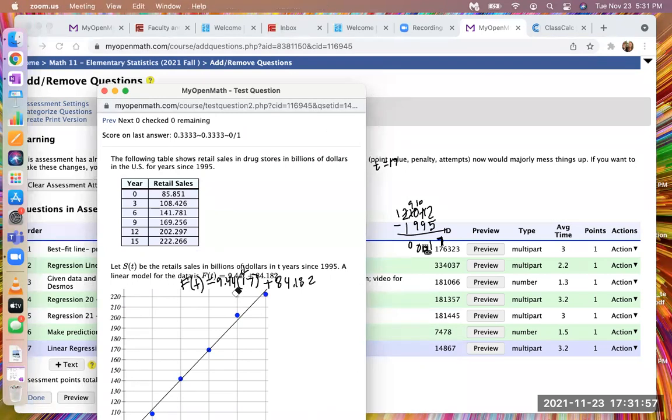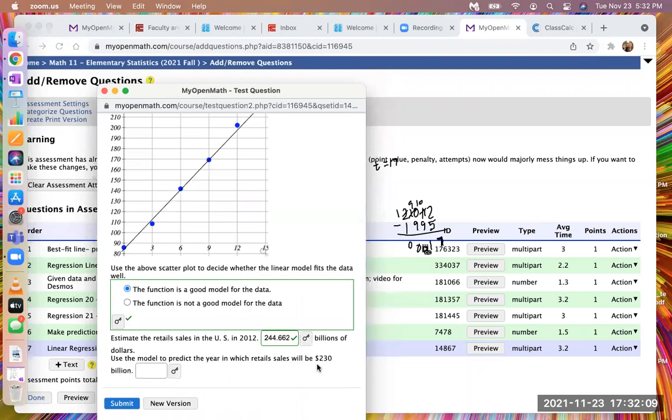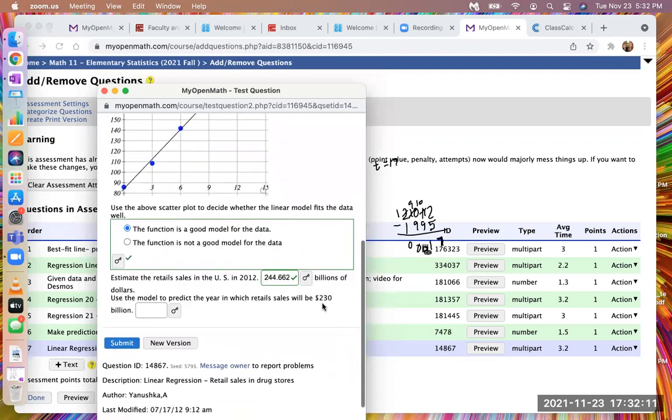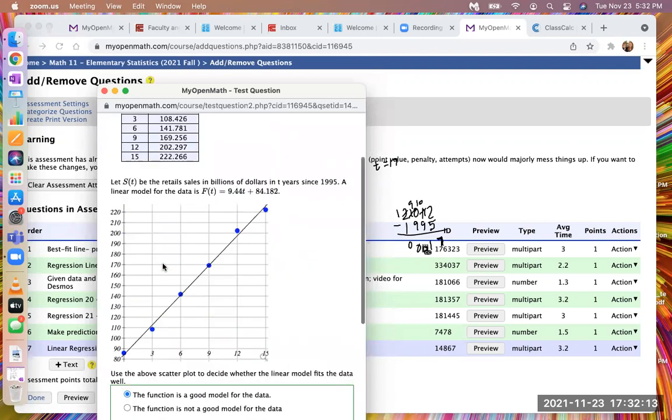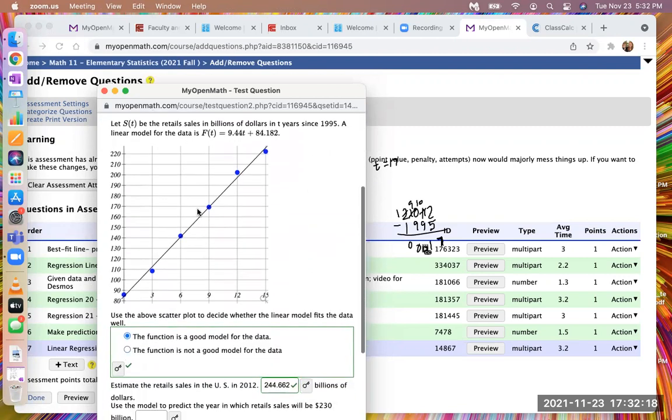So instead, we're going to put the 230, and notice it's 230 in billions, and our Y value is in billions, so that matches up, and that's fine.